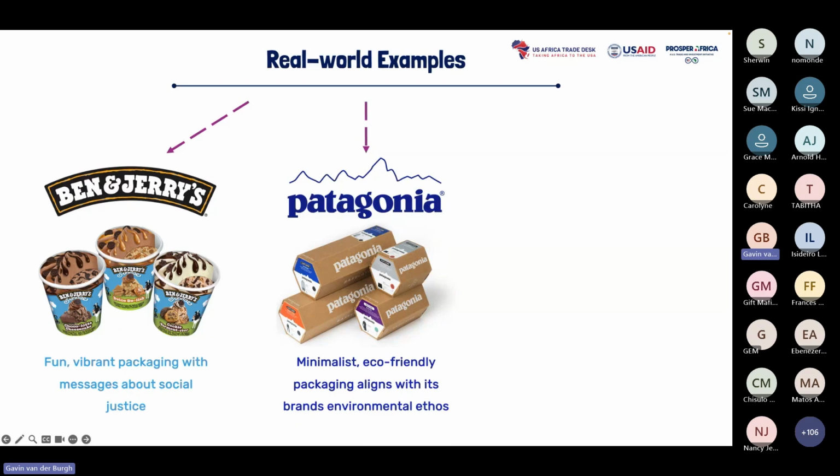Now, Patagonia is a great clothing brand here in the United States, but their packaging is really minimalistic. And the communication tool that they're getting across is the environmental standards that they're looking at. They're deeply, deeply committed to sustainability, and that resonates into their packaging choice.